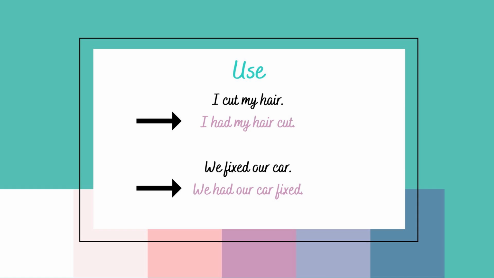But when you say we had our car fixed, it means that you took it to the mechanic to repair it. And again, we don't say we had our car fixed by the mechanic because it was obvious. A hairdresser is not going to fix your car. So the action is more important than the person.